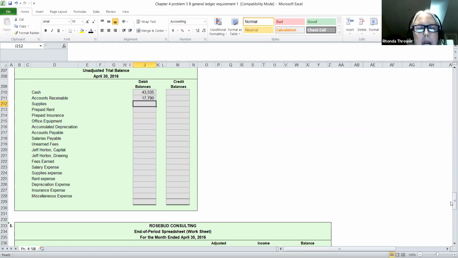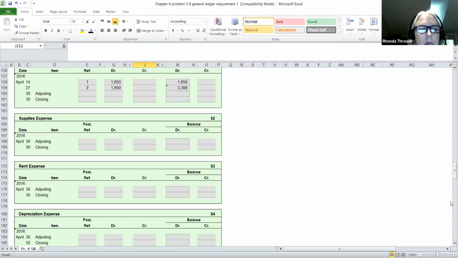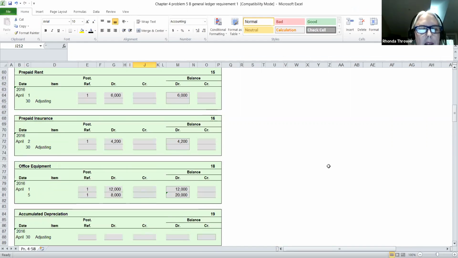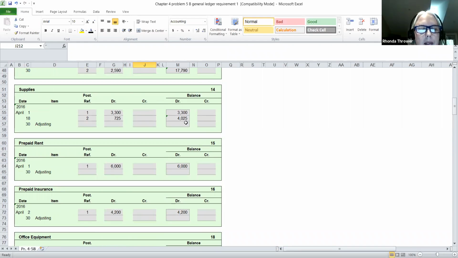Then I'm going to pick up my balance for my supplies. My supplies account, of course, is an asset account. It's got a debit balance at this point in time of $4,025.